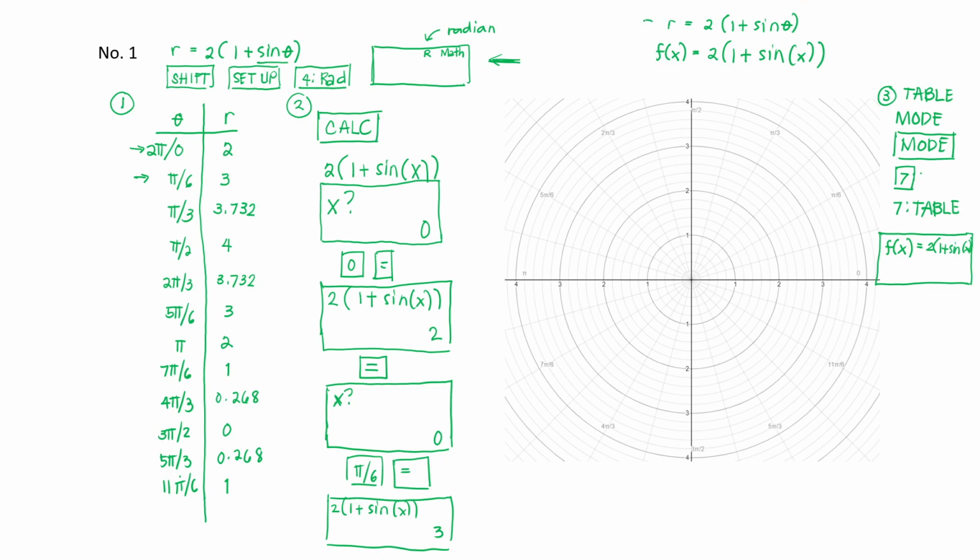Notice that your r is your f of x, then your theta is your variable x. So you plug it in your calculator such that your theta is alpha x, the variable x, because we don't have any theta variable in the calculator. So after plugging in your equation, again that's 2 times 1 plus sine alpha x.